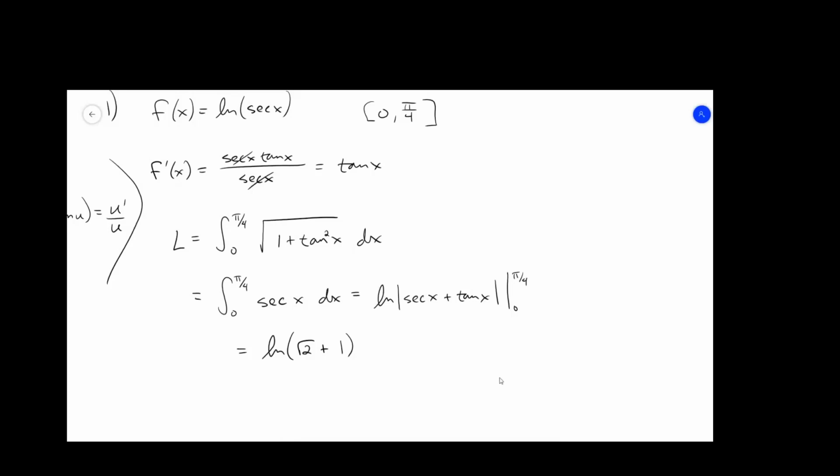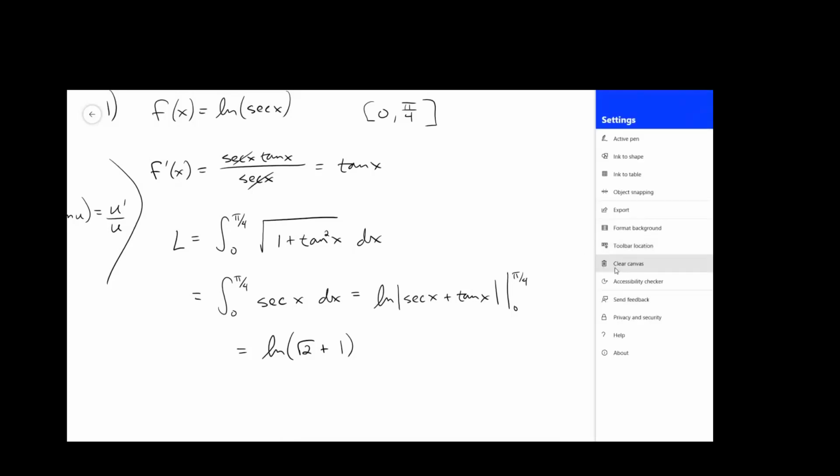Finding arc length. One other thing we have to be aware of on this type of question is that we could define the function differently. If x equals f of y, or g of y, then in that whole process I just did to derive this formula, remember that one step where I factored out the delta x?